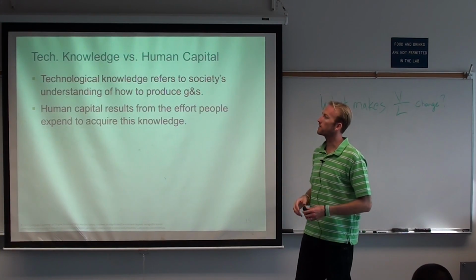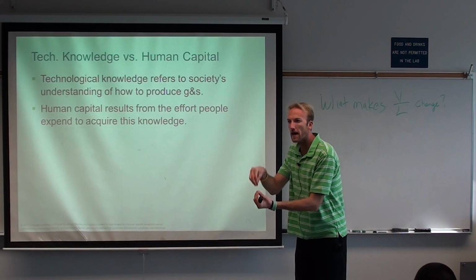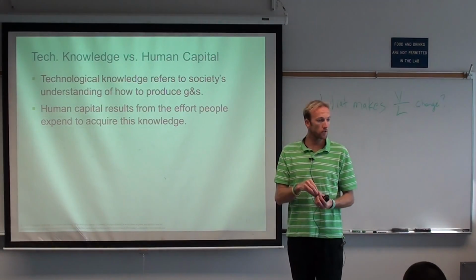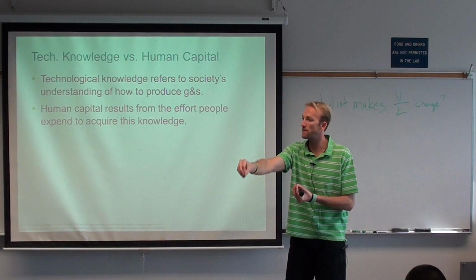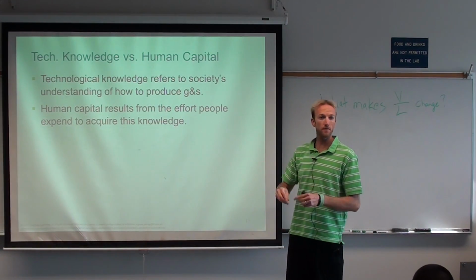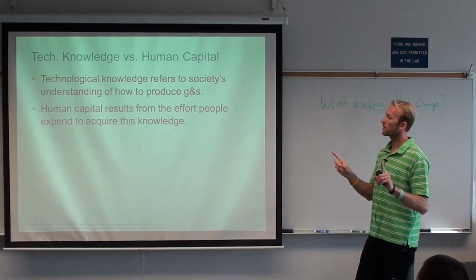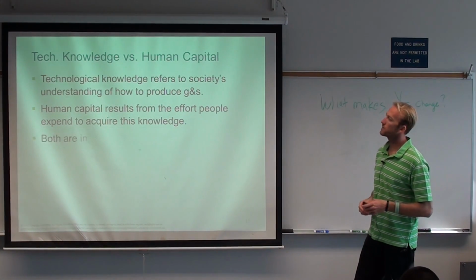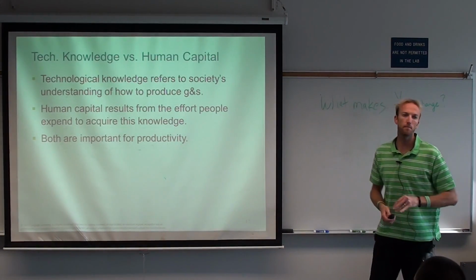So that's technological knowledge. Human capital is something that each individual person has, like knowledge that they've learned that can't just be copied because it has to be learned by individual people, all right? So that's the difference between human capital and technological knowledge, okay? They're quite different, but both are very important for productivity.